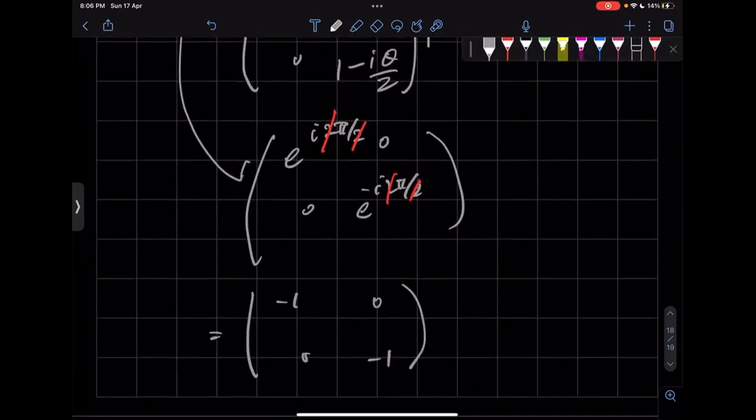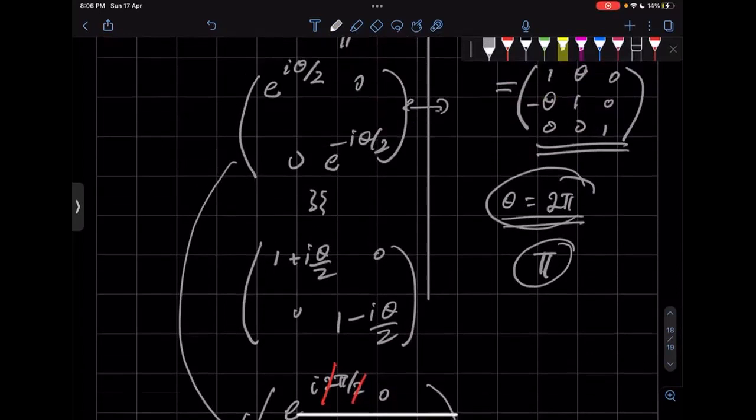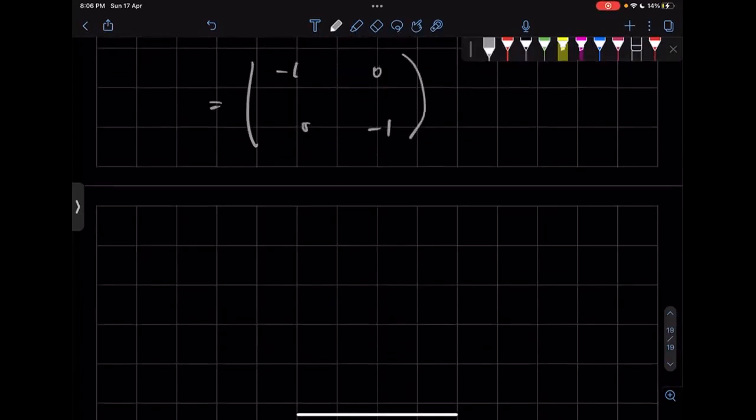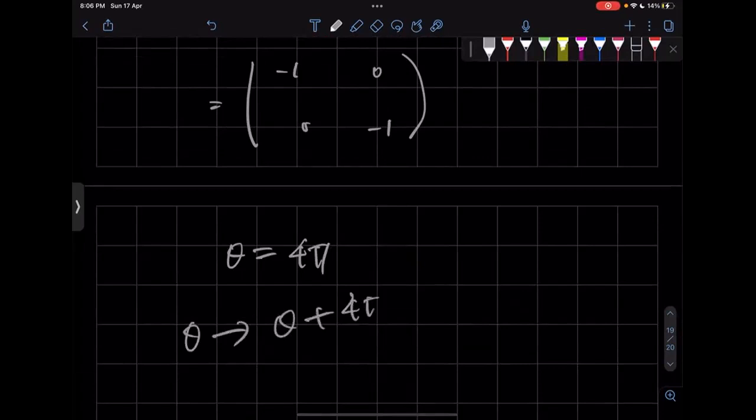So we are not back to the identity for SU2. For SU2, theta equals 2 pi is actually the most distant point you can get, whereas for SO3 it is the same point. For SU2 to come back to the same point, you have to go from 0 to 4 pi.